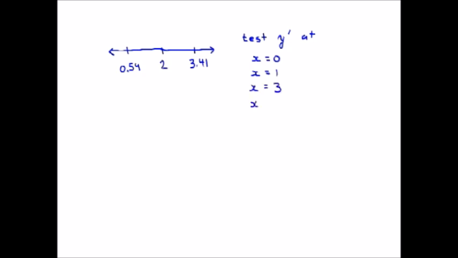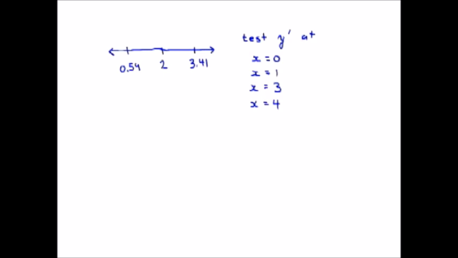So if you've noticed, I've written down a number line and put those three values of x, 0.59, 2, and 3.41 on that number line. And I'm going to test y prime, our first derivative, at values in the four regions created. Now I've chosen the x values 0, 1, 3, and 4. You may choose slightly different values if you so choose.